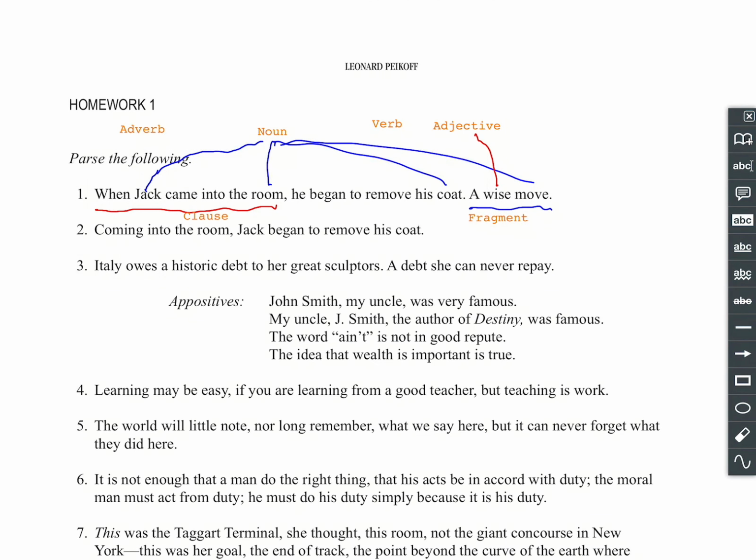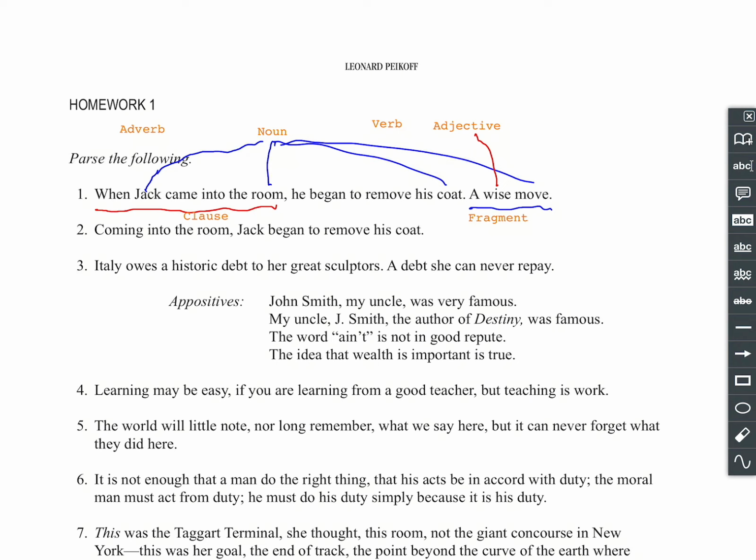A phrase doesn't have both a subject and a predicate, which is the verb, what's happening. The subject is what the sentence is about, and the predicate is what it does. What you're saying about it. Anyway, the subject here is Jack, and what you're saying about him is came into the room.